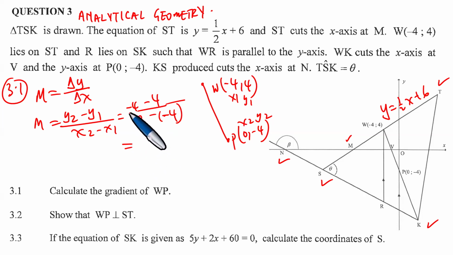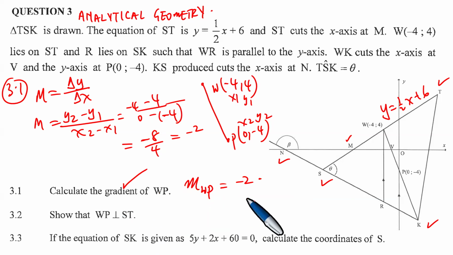It's grade 10 work. And then if you add these things, you get -8 over 4, which is -2. And therefore, the gradient of WP is -2.